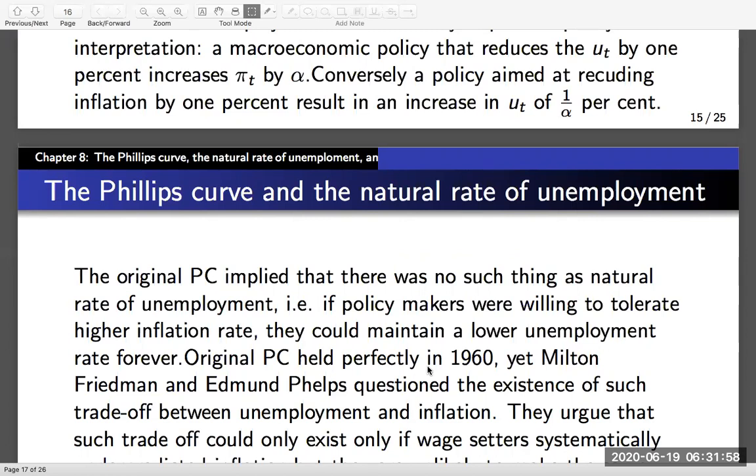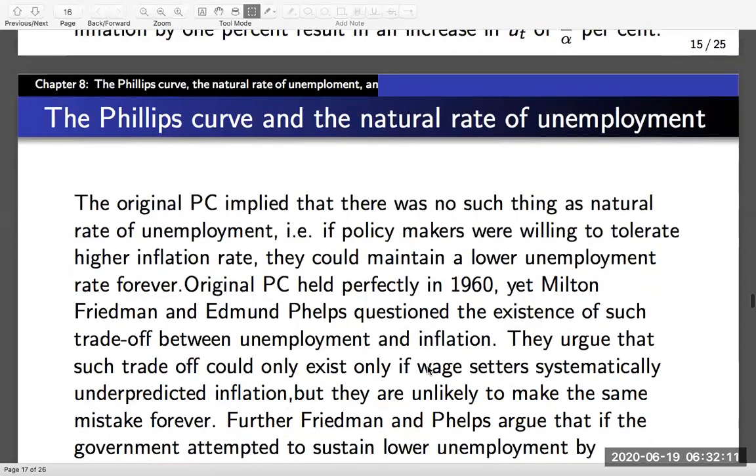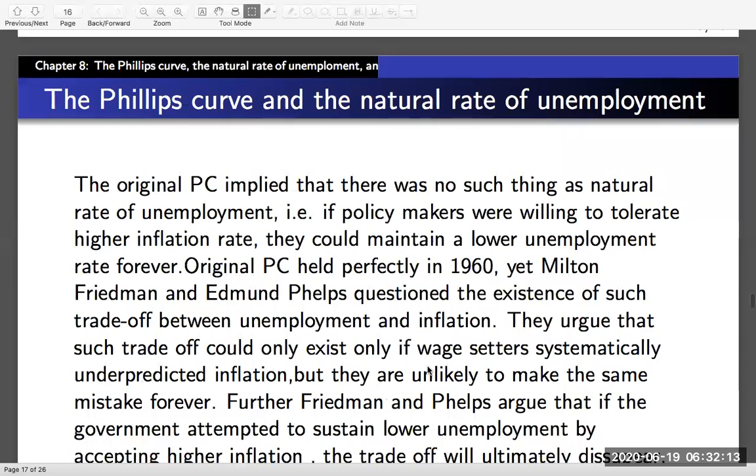The original Phillips curves held perfectly in the 1960s. Yet Milton Friedman and Edmund Phelps questioned the existence of such a trade-off between inflation and unemployment. They argued that such a trade-off could only exist if wage setters systematically underpredicted inflation, but that was not likely to persist forever.